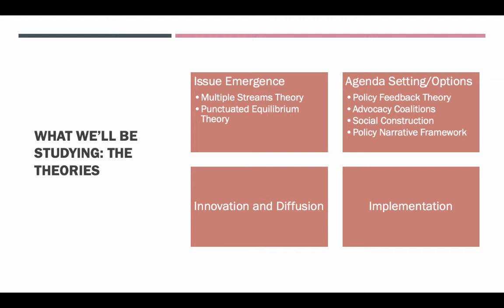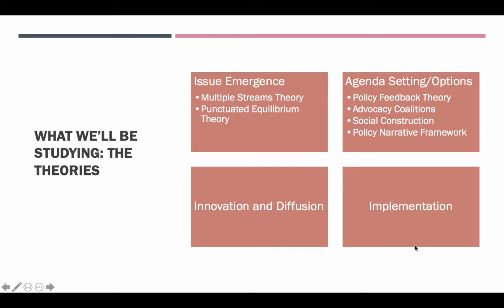What is available in terms of options and why? Then we will look at theories about implementation and innovation and diffusion. When we see policies work in area A, do they necessarily move over to area B, or do people not learn in that kind of linear way?